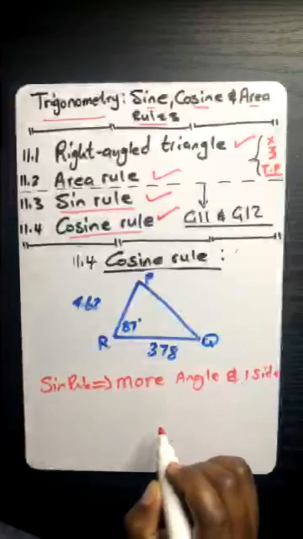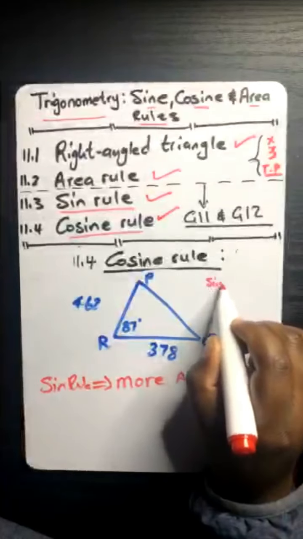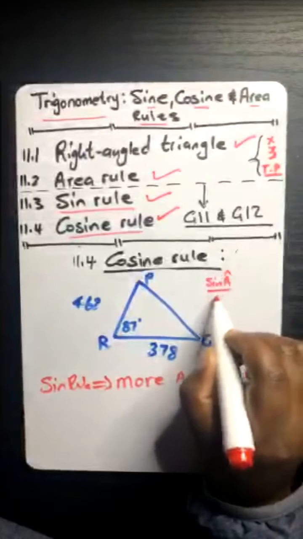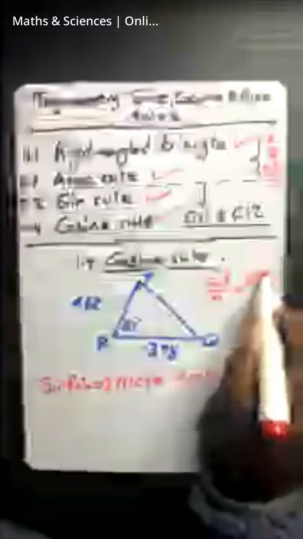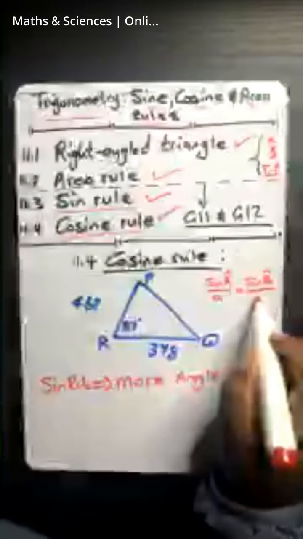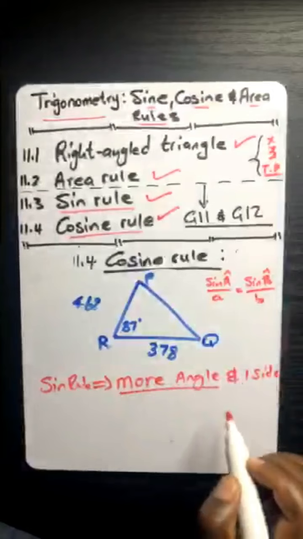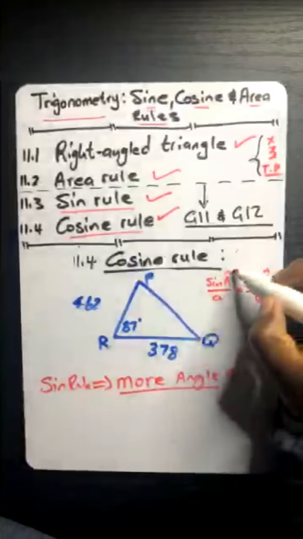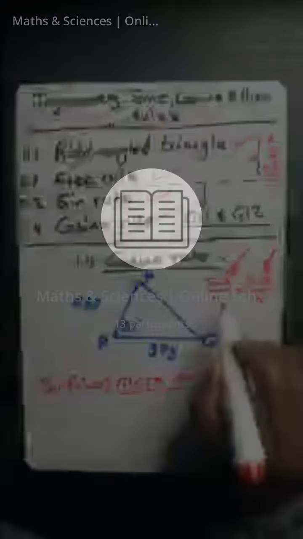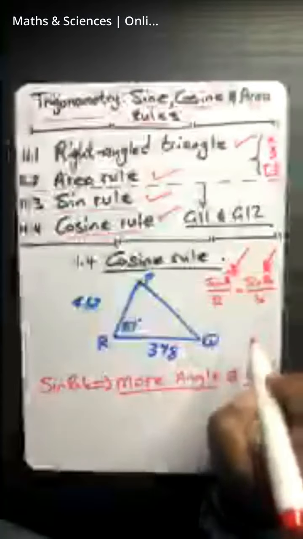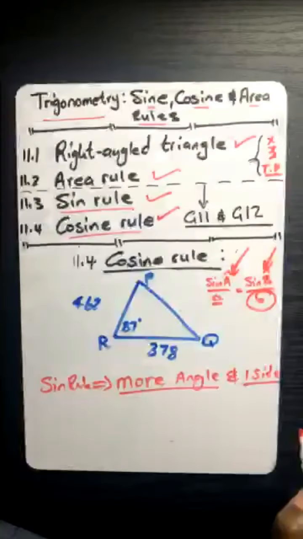You remember the sine rule would be, let's say, sine of angle A over small a being equal to sine of angle B over small b. Can you see we have more angles that we need to substitute, an angle there and an angle there. Then we just need one side, which could be this one or that one, in order to calculate the other unknown side.